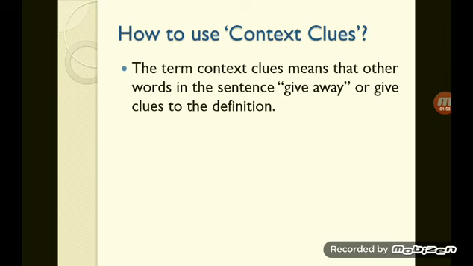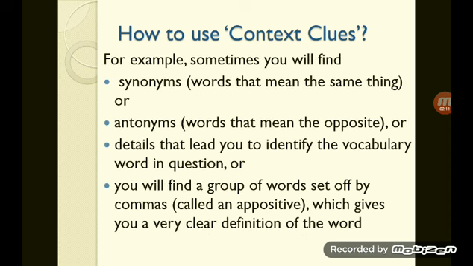Now, what are context clues? Context clues are the words in a sentence that give a hint as to what the answer could be, what a particular word could mean. These context clues are of various kinds. It could be a synonym, a word that is explained further in the sentence.